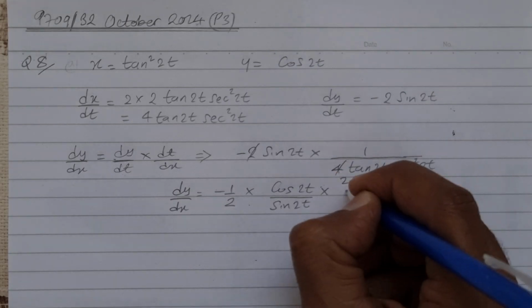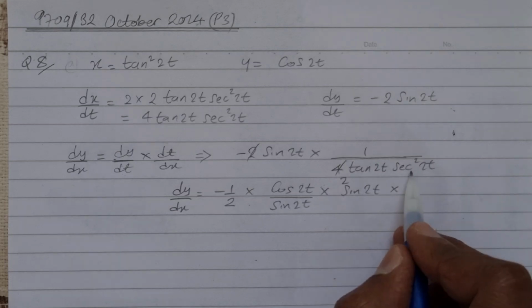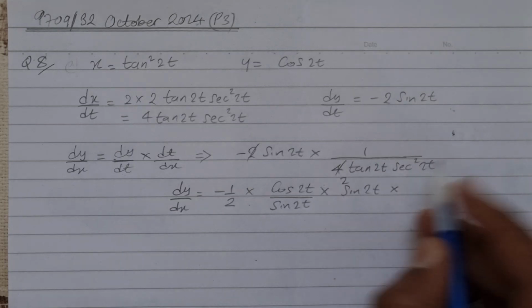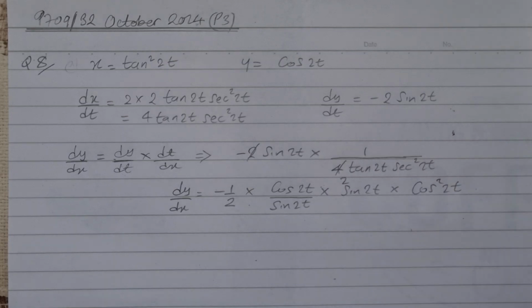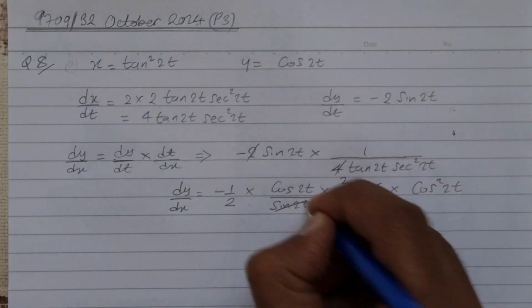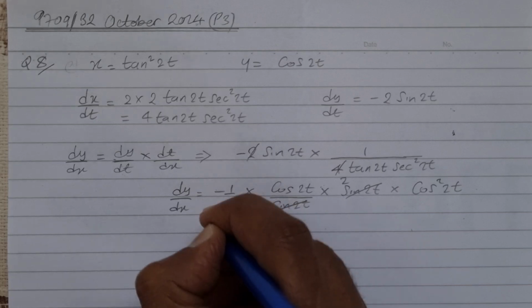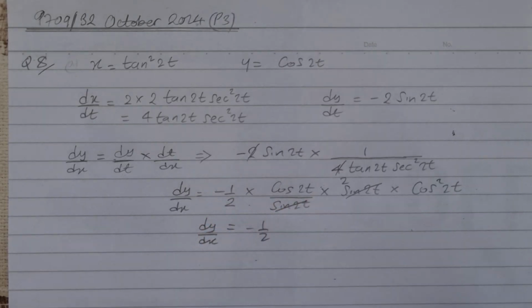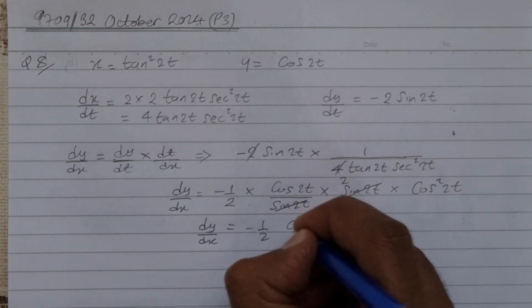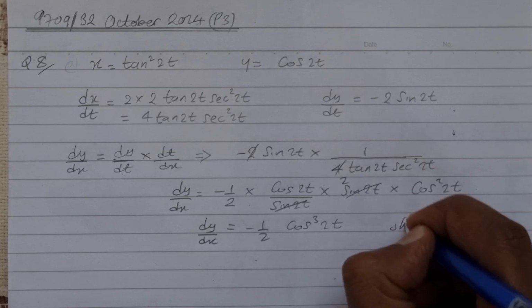So times the sine of 2t multiplied by, now 1 over sec is cos, but there's a square here, so that becomes cos squared 2t. So the sine 2t and sine 2t can go out, and I'm left with dy by dx is equal to negative half cos 2t times cos squared 2t, which is cos cubed 2t. And so that has been shown.